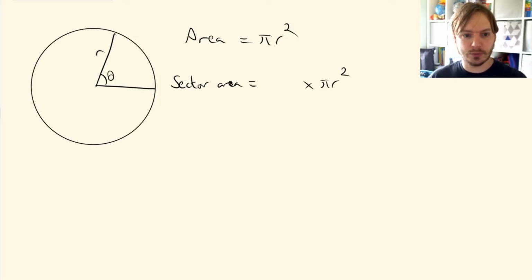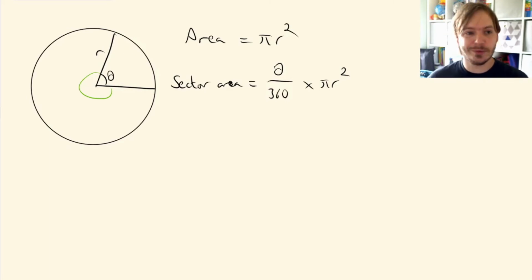We know that the whole circle here is 360, and we have a fraction of that, so our sector area is theta over 360 multiplied by pi r squared. And this is how we do sector area.